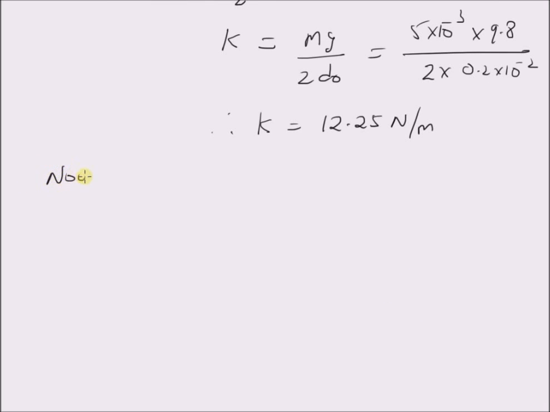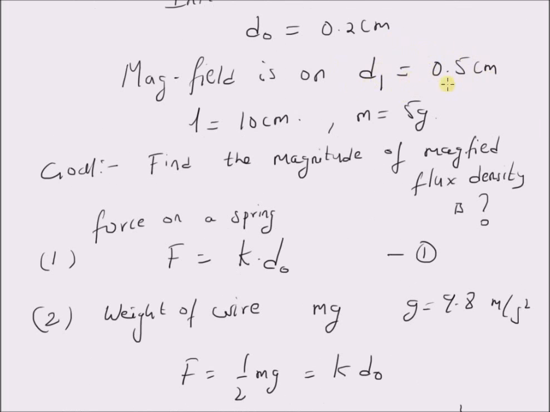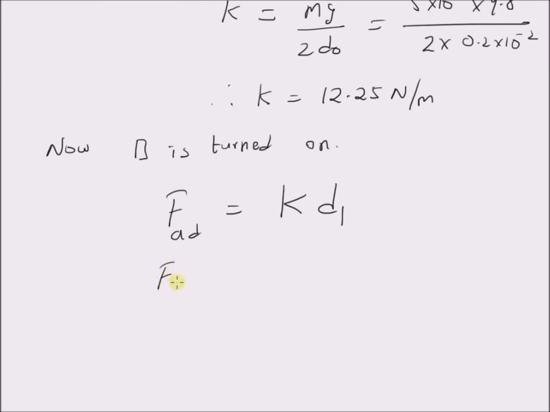Now, the magnetic field B is turned on. So because of the magnetic field, there is an additional force F_ad equal to the spring constant k into the stretch d1, where d1 is given by 0.5 centimeters. Therefore, the additional force on each spring is equal to 12.25 into 0.5 into 10 power minus 2.